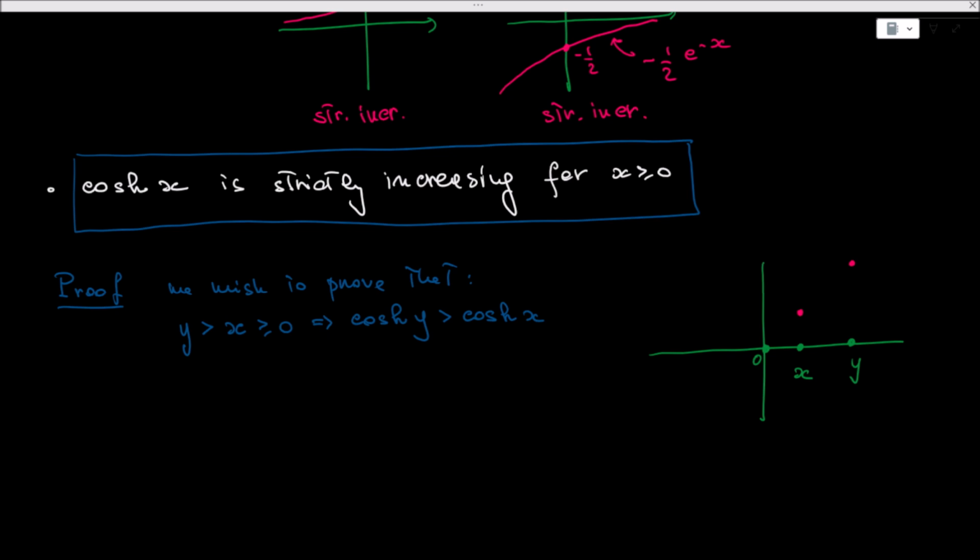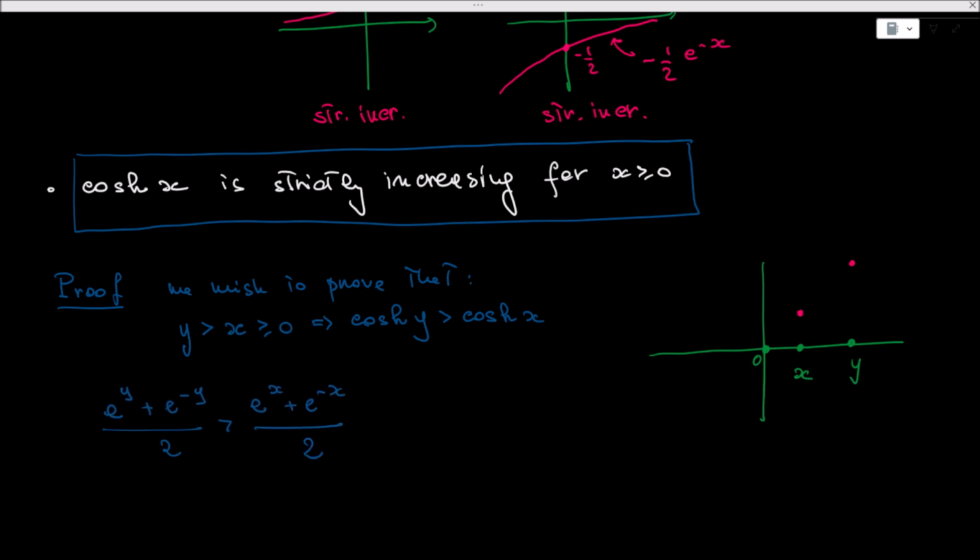The fact that the hyperbolic cosine of y is larger than the hyperbolic cosine of x is just like saying that e to the y plus e to the minus y divided by 2 is larger than e to the x plus e to the minus x divided by 2.